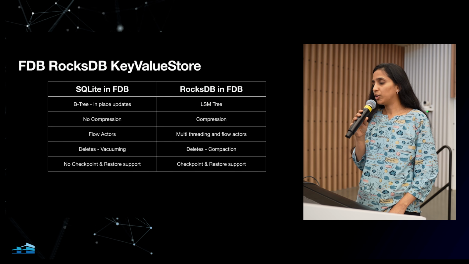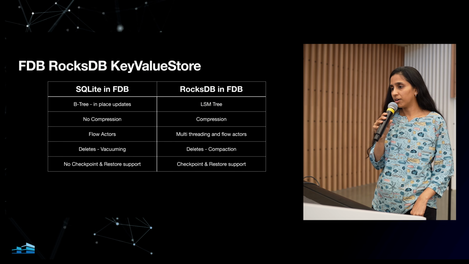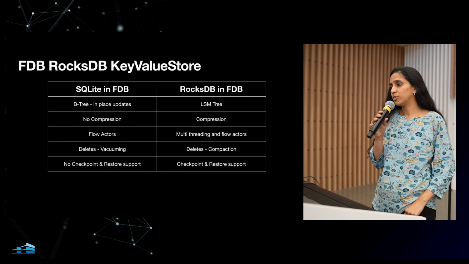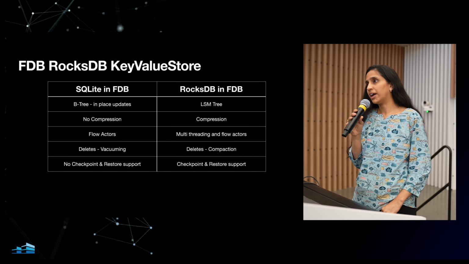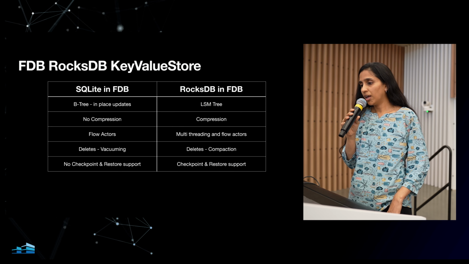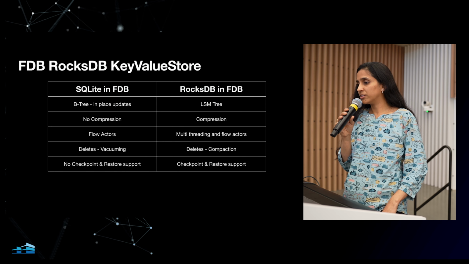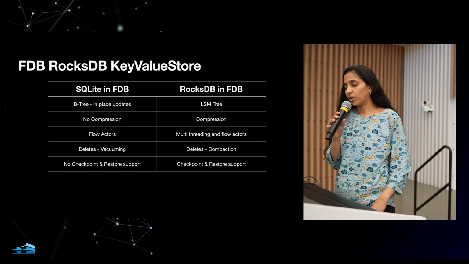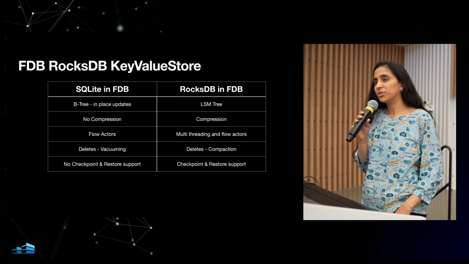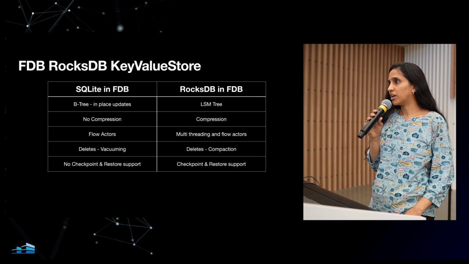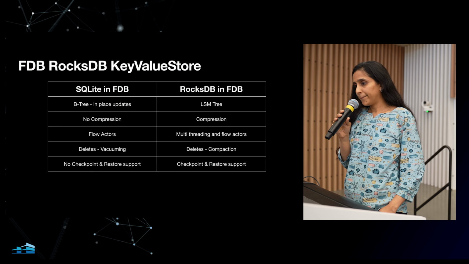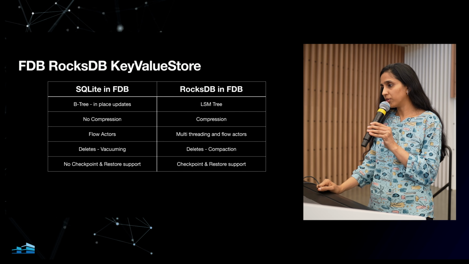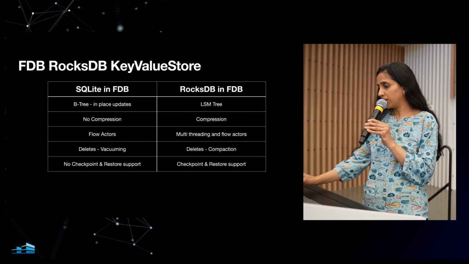To achieve concurrency, we use flow actors in SQLite, whereas in RocksDB we use flow actors and threads. To reclaim deleted data back to a reusable state, we use a process called vacuuming in SQLite, whereas in RocksDB it is done through compaction. And SQLite in FDB doesn't support any checkpointing and restore, whereas RocksDB has this built in.